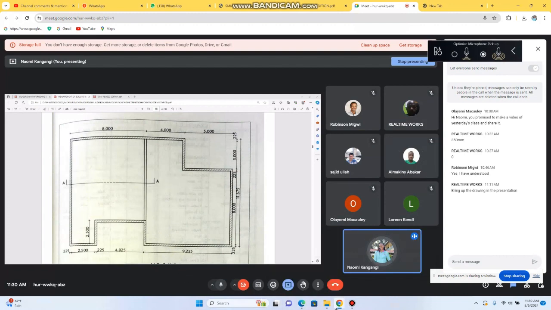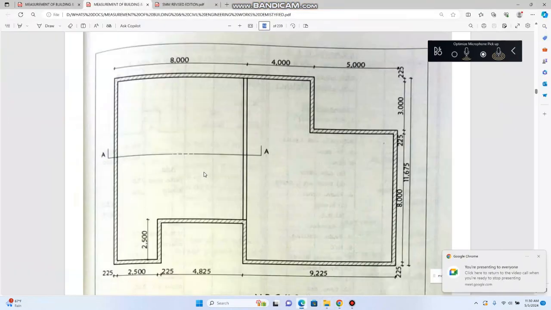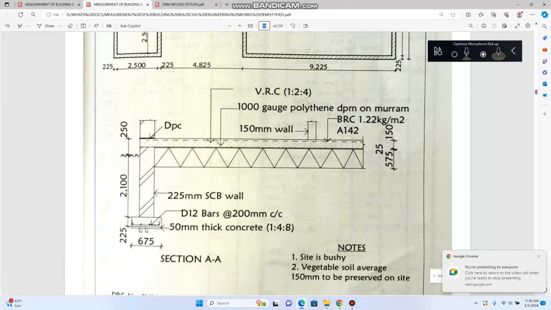I have said normally when we are told to take off substructure works, we should use the foundation here to tell us the width of the foundation, and we assume that there's still the width of the foundation when we have excavated. What we normally do after we have excavated the foundation and we have done the concrete inside the foundation, normally our masons usually stand inside the foundations and do the walls.